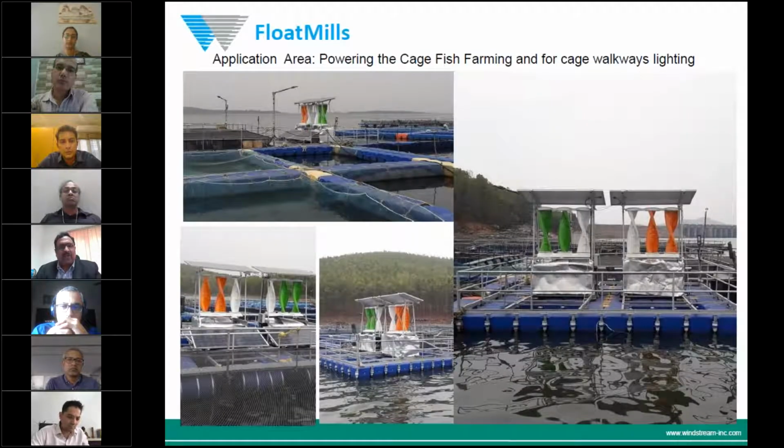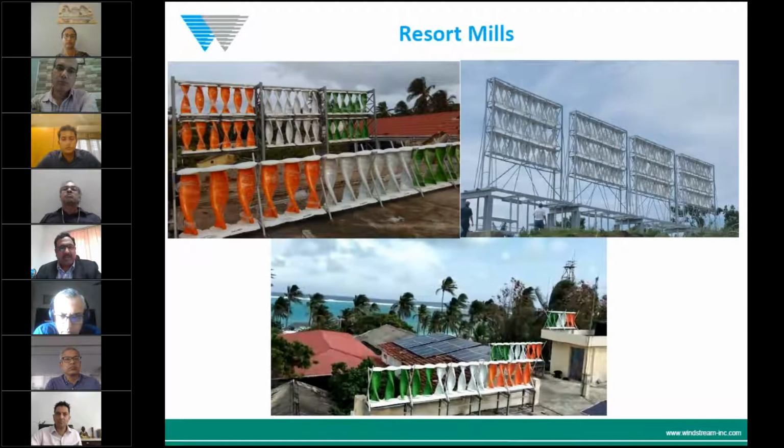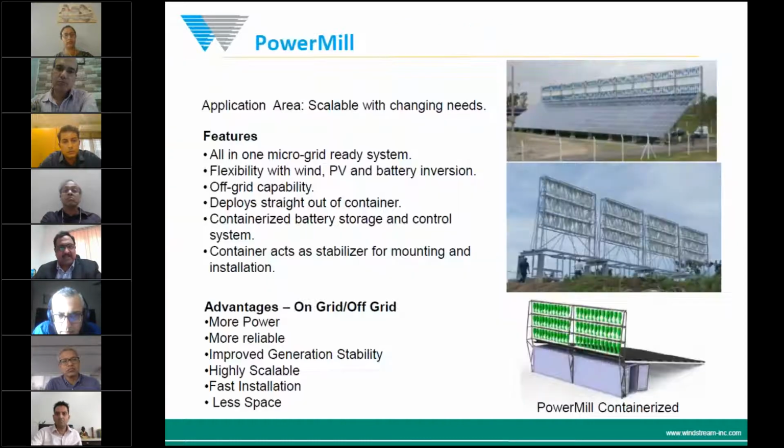And we use this for the cage for fish farming, for increasing the safety and also lighting up the cage fish farms. We have powered resorts using the resort mills, where we have the wind walls developed for the resorts. And we also have mini grid solutions for island places.